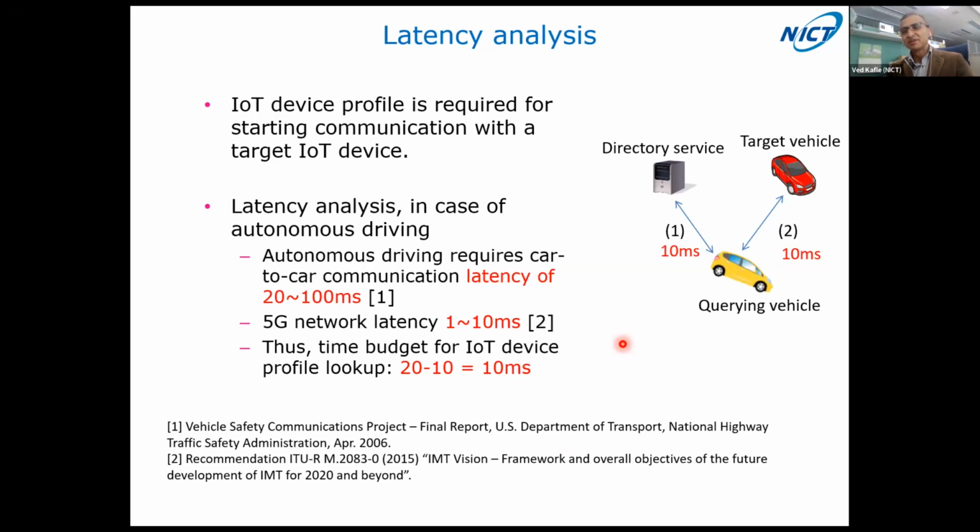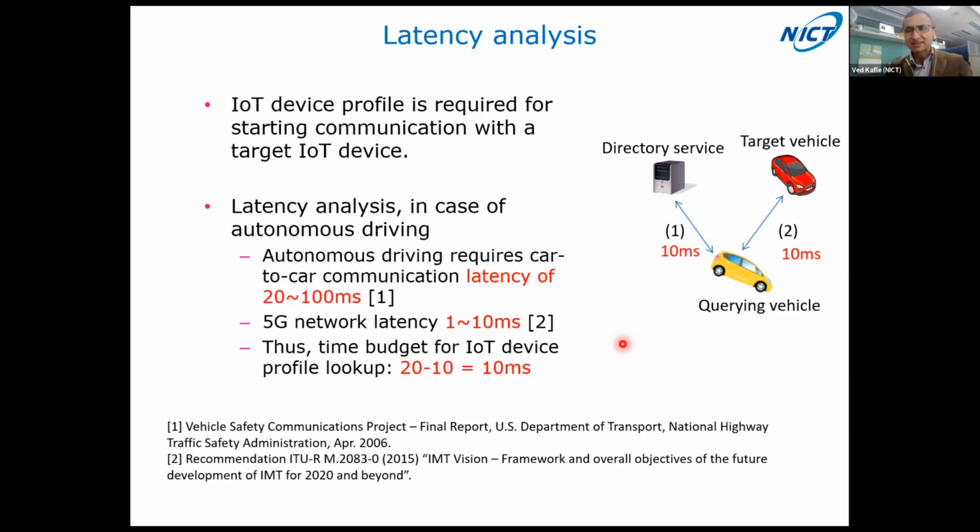And regarding the time, when we want secure communication between IoT devices, let's say for driving automation, what happens if you want to know whether the message you have received from your neighboring car is authentic or not? You have to know the certificate or credential of the message sending car. Then you just make a query to the directory service.